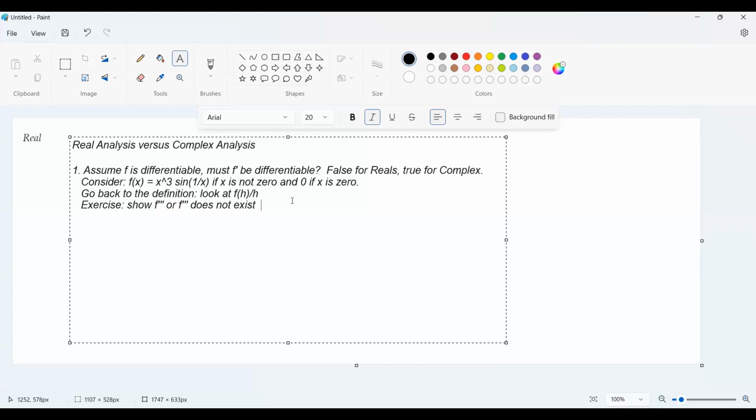This function is differentiable, but the problem is when we differentiate the sine of 1 over x, it gives us an extra 1 over x squared each time. So it turns out this is very different in complex analysis.